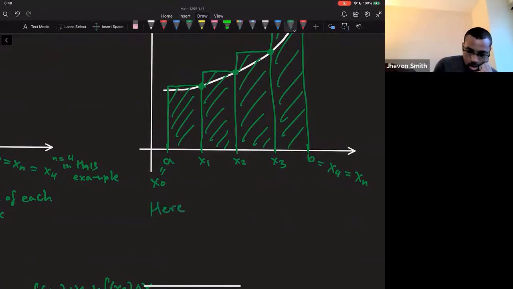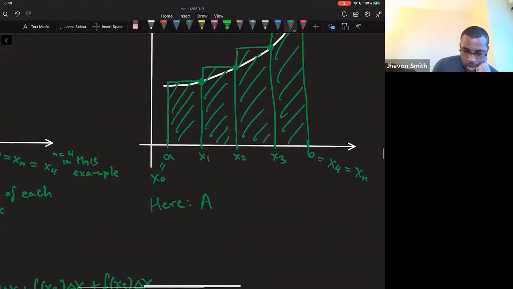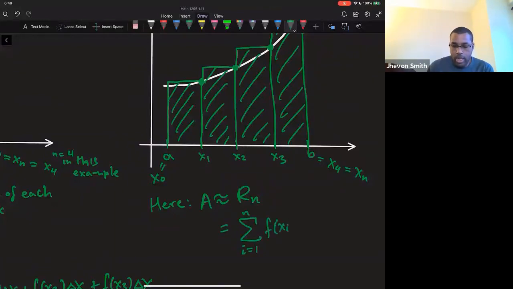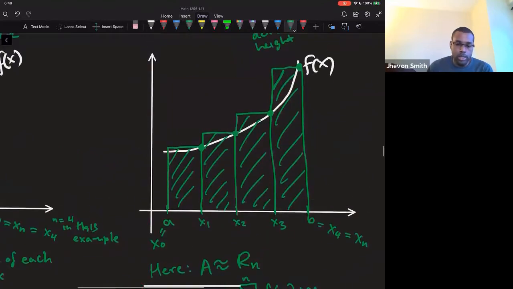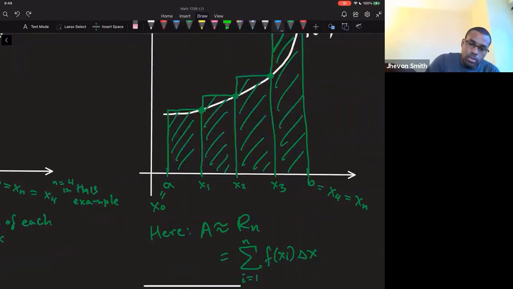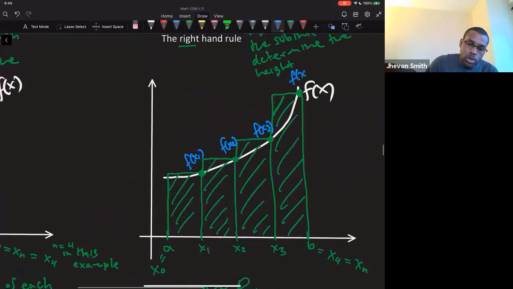Here, you'll notice that your area is approximately equal to R sub n, which is just the summation. i goes from 1 up to n of f of xi times delta x, because here you would have f of x1 is the first guy, then f of x2 is the second guy, then f of x3 is the third guy, then f of x4 is the last guy.